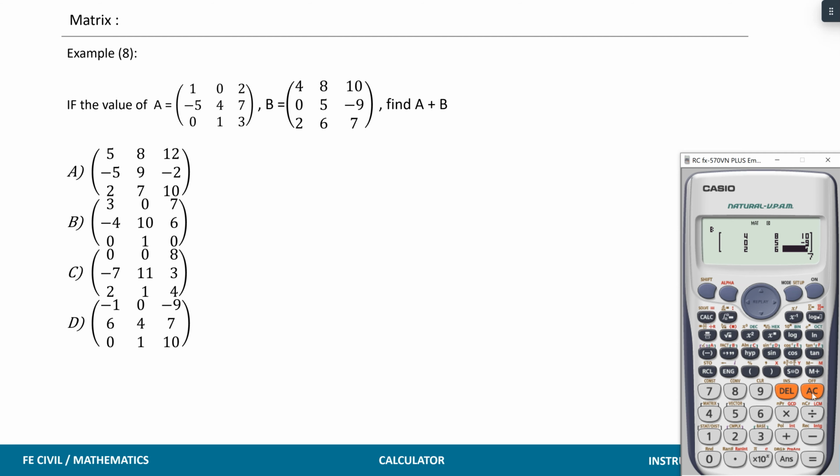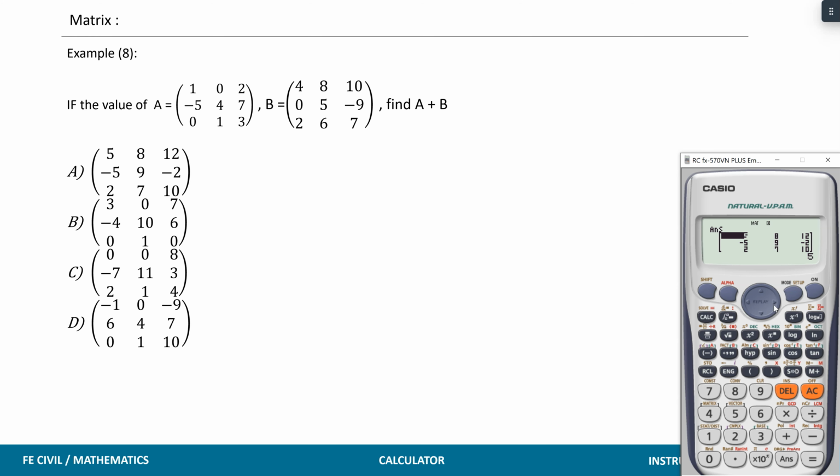And then we're gonna press AC, and then we're gonna press Shift on the matrix. We're gonna add them, so we're gonna press 3, which is matrix A, plus Shift matrix, and we're gonna press on matrix B. So matrix A plus matrix B, we're gonna press equals.